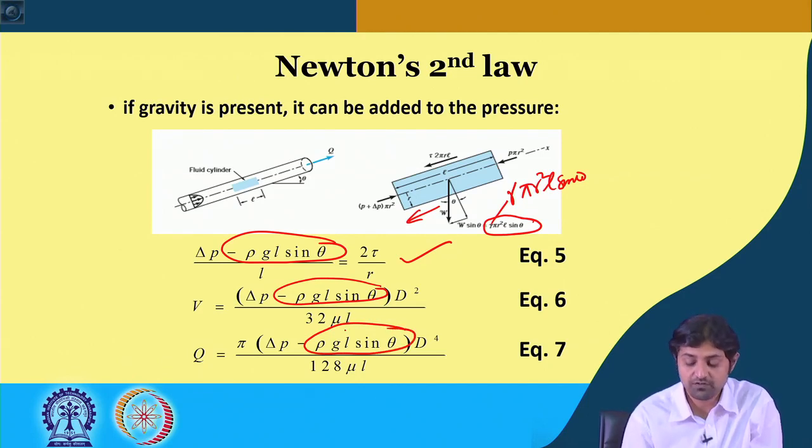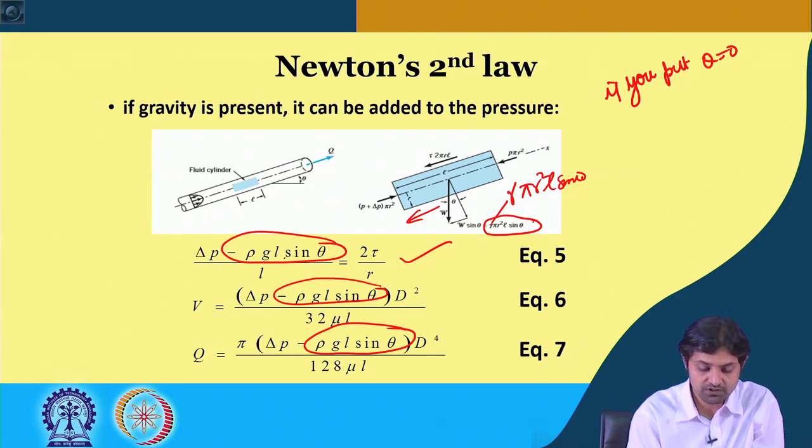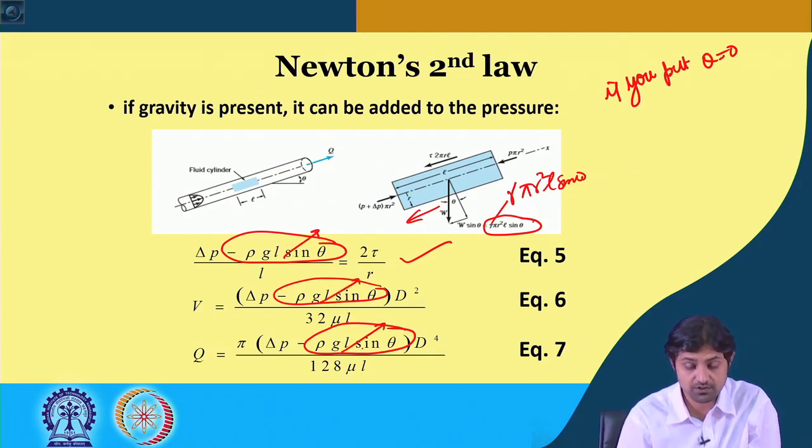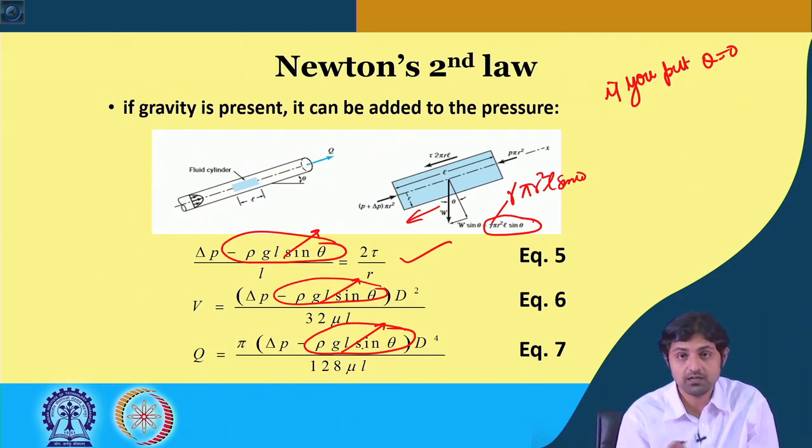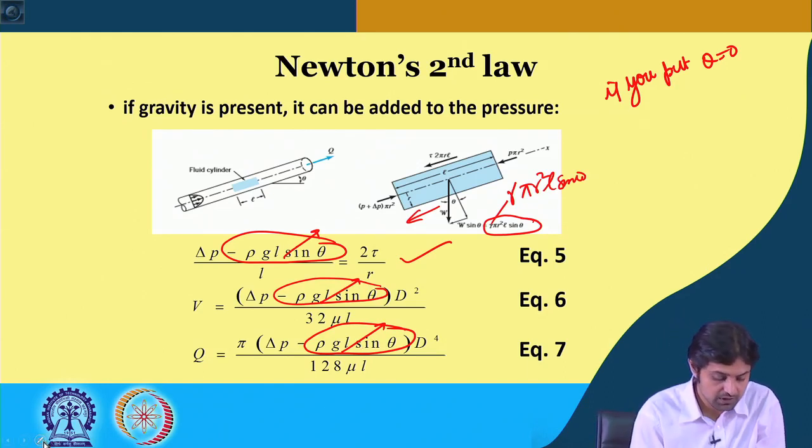If you want to verify, this is valid for all the angles. If you put theta equal to 0, this term will vanish, because sin 0 is equal to 0. It will be the same as what we have derived before.